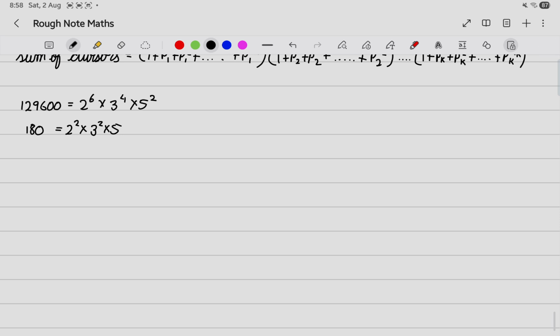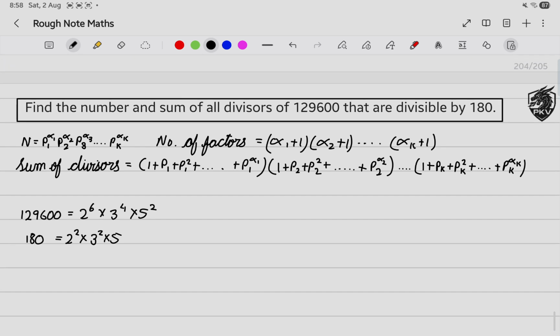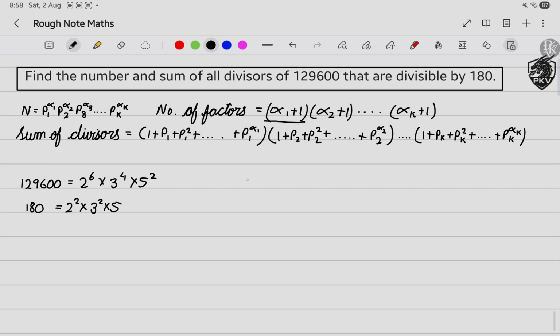So what we have to do is find the possible exponents of p1 raised to alpha 1, that is 0, 1, 2, 3 and so on up to alpha 1. That is what we are multiplying here.